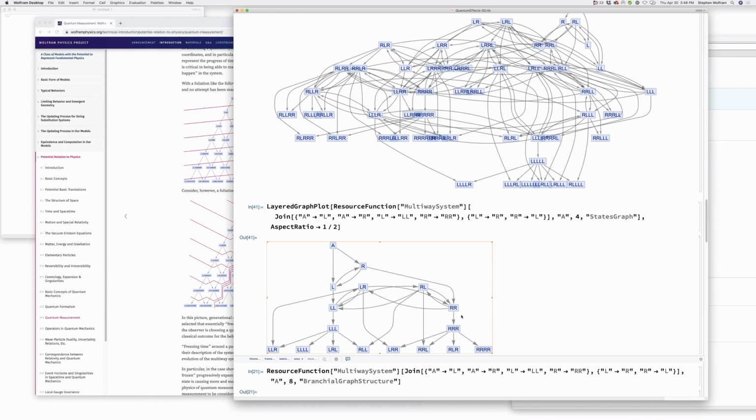So it freezes on the R's. So what does that correspond to? In traditional quantum mechanics, that is projecting onto some eigenstate that corresponds to the R eigenstate somehow.